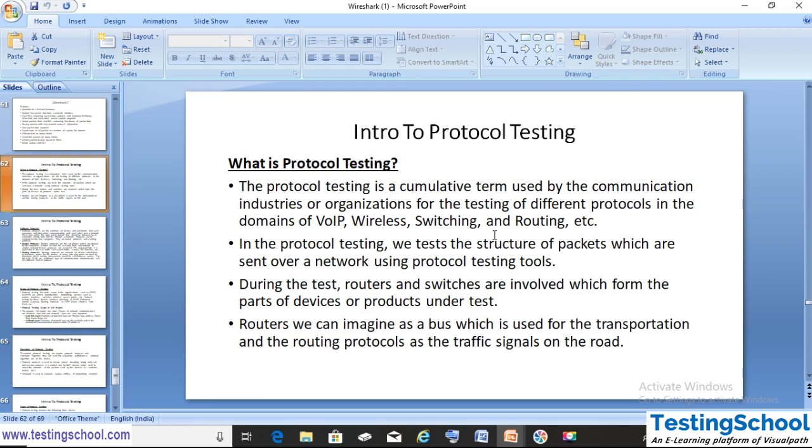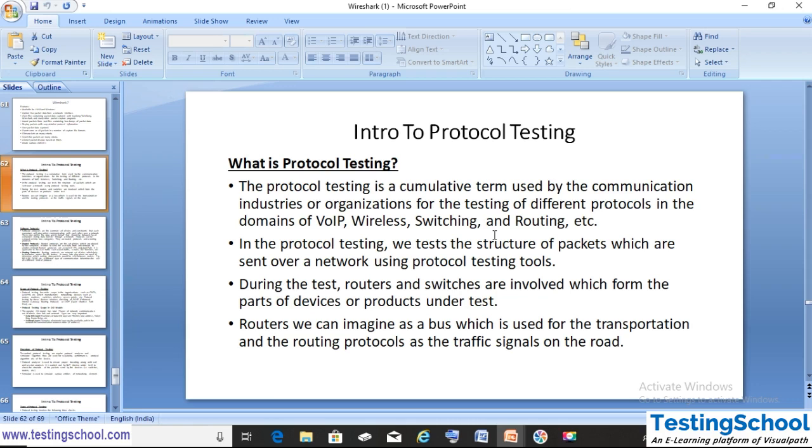It should help other routers learn the routes. So we configure it and check whether we are able to learn the route using this routing protocol or not. If we are able to learn, we say protocol testing has passed. If we are not able to learn, we say it has failed. In simple language, this is protocol testing.